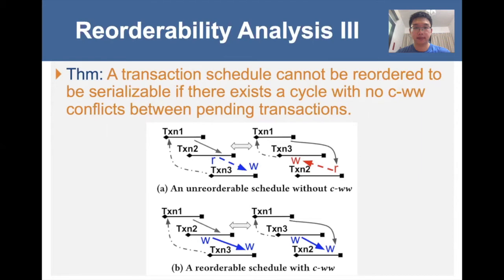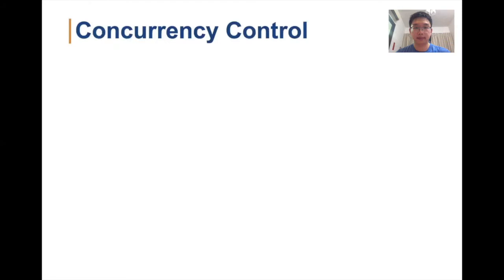Hence, the conflict cycle is unavoidable. However, such a cycle can be broken by switching the transactions with C write-write. Given the above theoretical insights, we can easily deduce our serialized concurrency control.